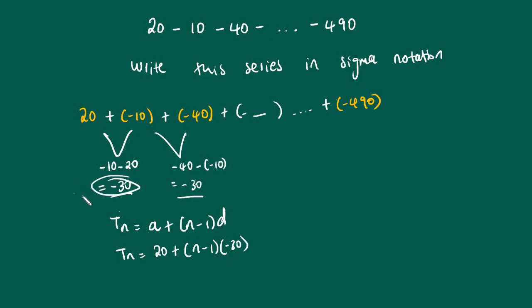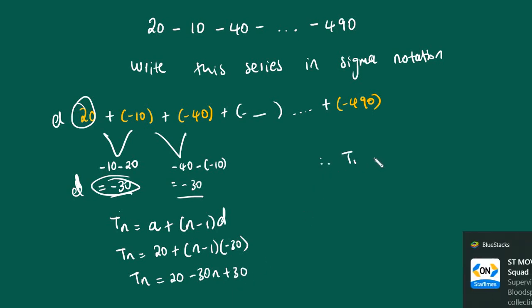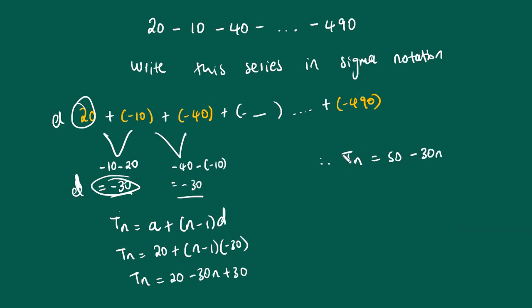Remember, this is your a, and this is d. When you simplify, you get 20 minus 30n plus 30. So therefore your Tn is going to be 50 minus 30n. So this is the general term of the sequence.